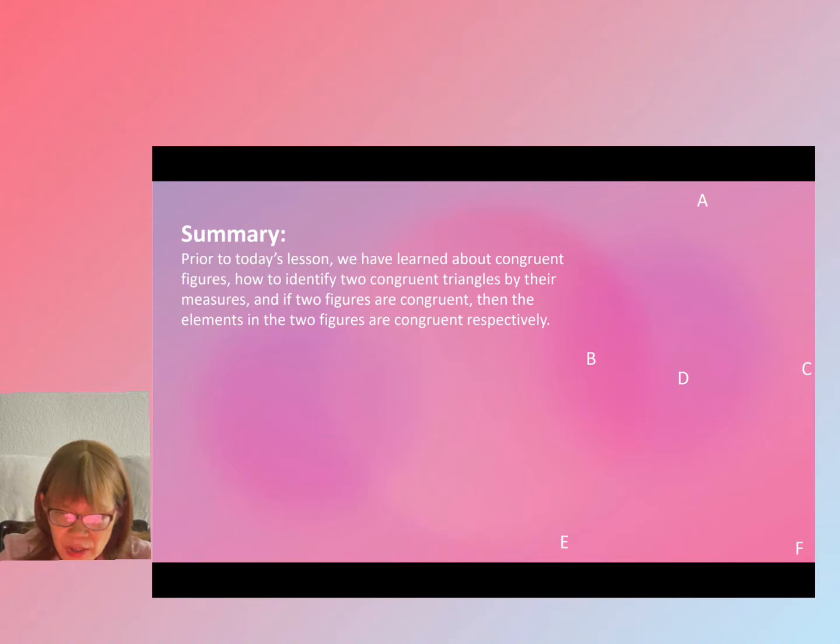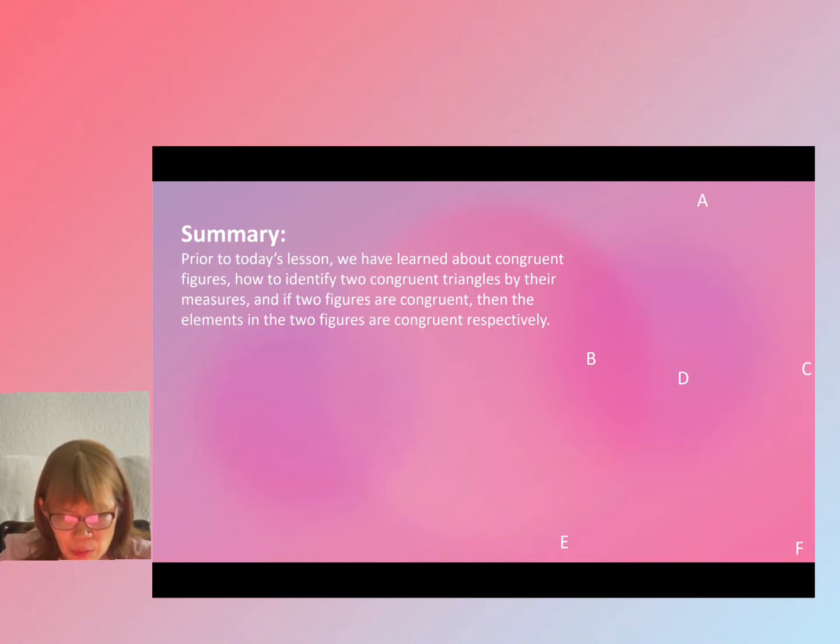We match the side, the angle, and we see the sides equal and the angles equal. Every element is equal in the figure. So we know these two figures are congruent. So that's by measurement, okay?